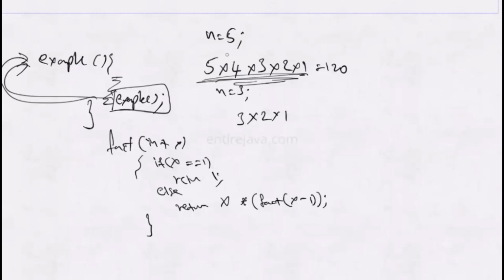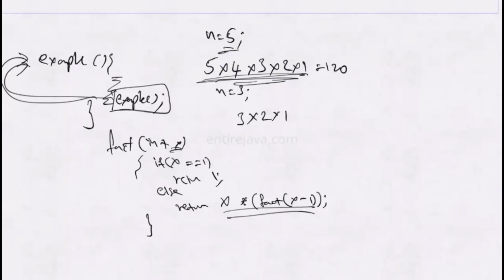Let's say we wanted to find the factorial of 5, and that's what we sent as a parameter. Since 5 is not equal to 1, we're not going to return the value 1. So we will enter inside this else block. In else block, we're returning something, x multiplied by factorial of x minus 1.